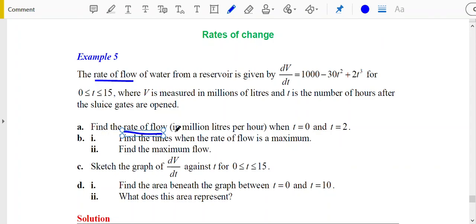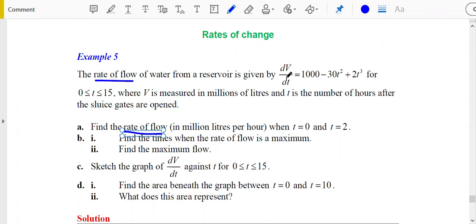For part B, find the times when the rate of flow is a maximum. So I want to know when the rate of flow here is a maximum, and what is the maximum rate of flow? Okay, so there's a number of ways you could do this. You could just do this on the graphs page.